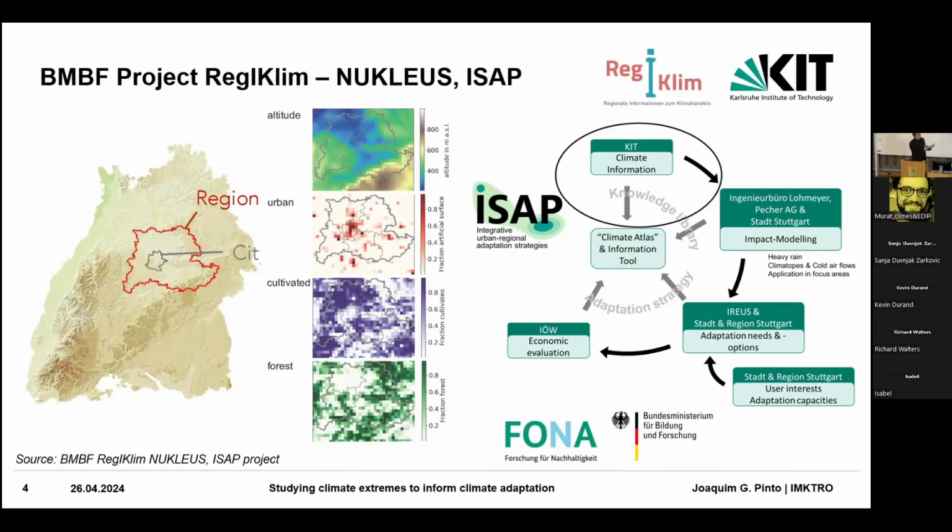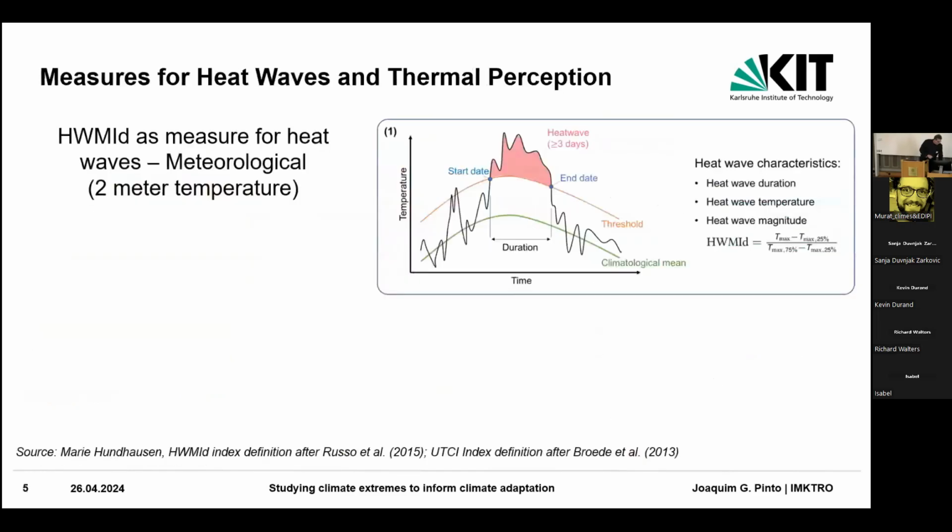And we are now starting the second phase of this project. I will give you an example of the type of results that we can get focusing on heat waves and thermal perception. So this is an example of a heat wave index, which looks at how long the temperature itself is above a certain threshold and over several days.